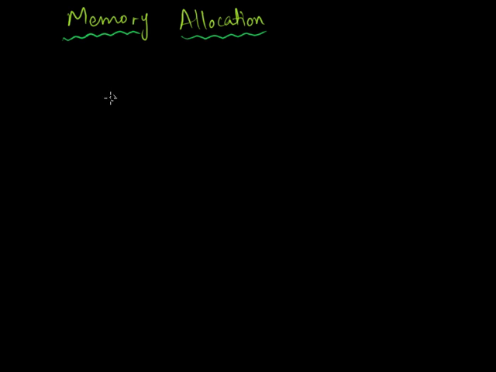Okay, now let us jump to a different topic, memory allocation. As the name suggests, memory allocation deals with the allocation of memory space when you declare variables. You have your function, void main or any function, and you declare your variables at the top of the function, whenever the function just starts.